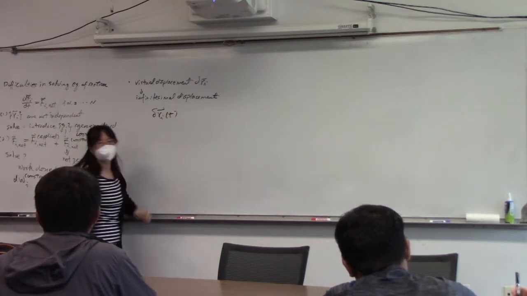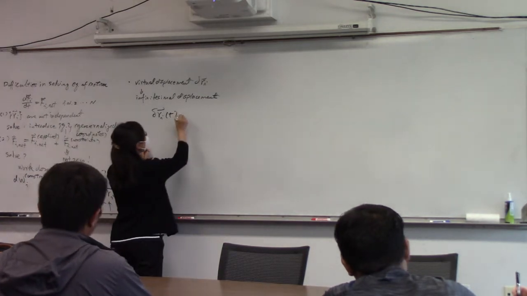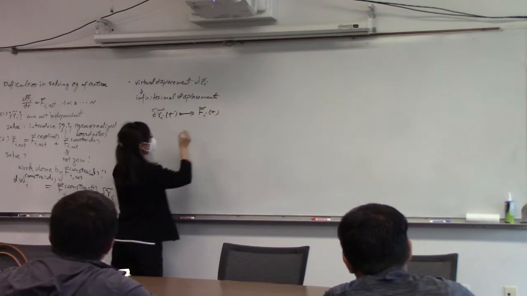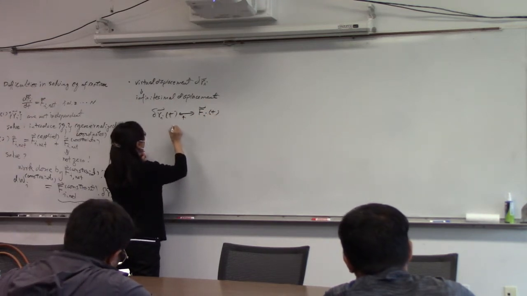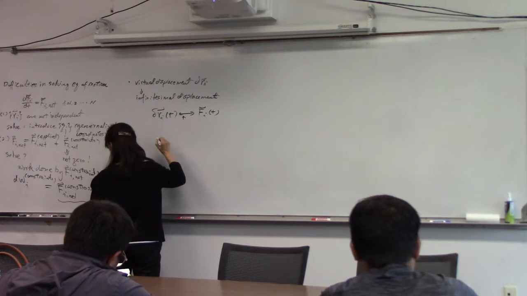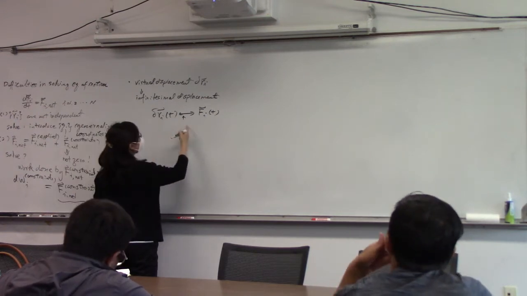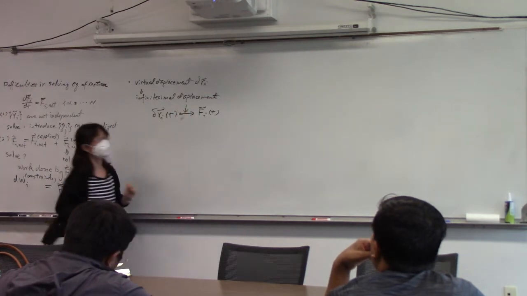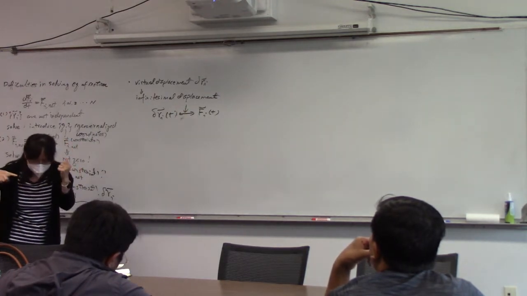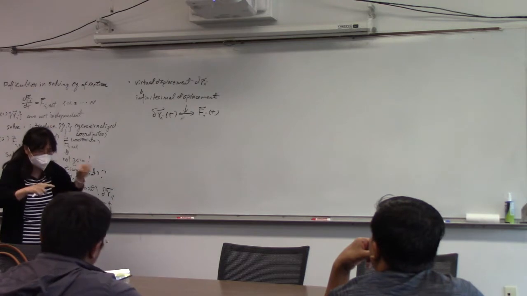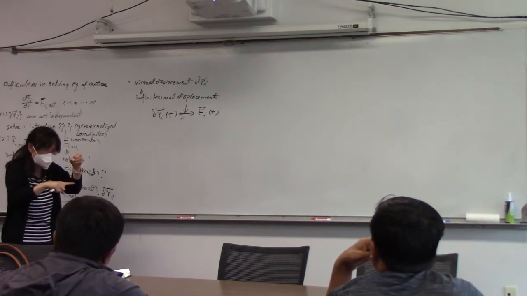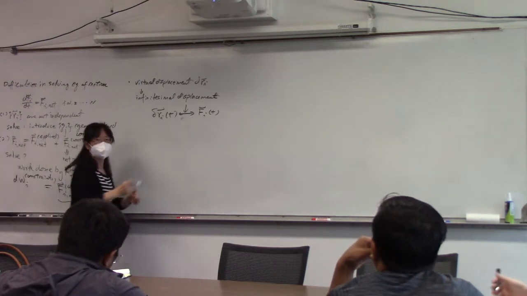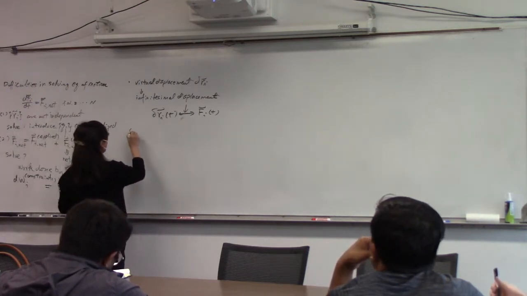At time t, this corresponds to the force at t. That means we just consider an infinitesimal change, in which case the force associated with the system is still at time t.